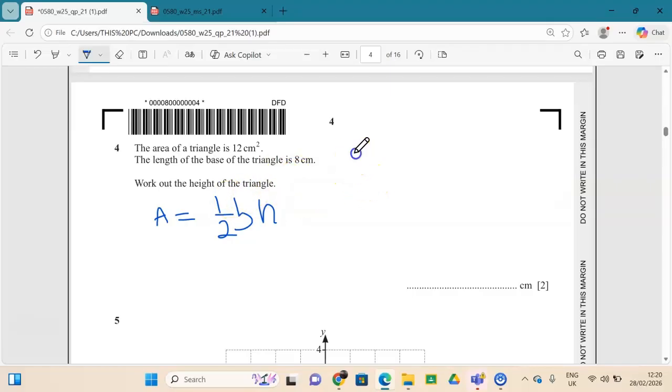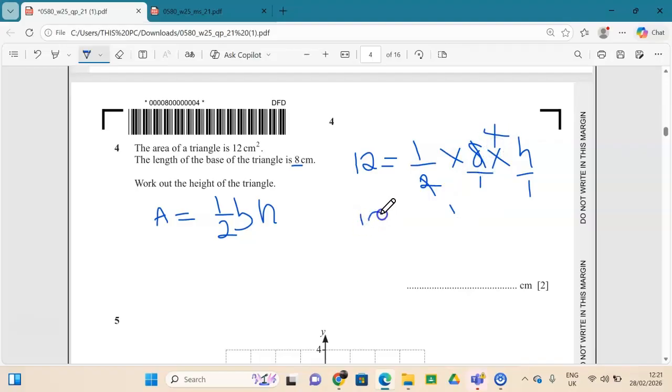We know the area is already given as 12, and 12 will be equal to half of the base, which is 8, multiplied by the height h, which is exactly what we are looking for. I can simplify this: half times 8 gives 4.